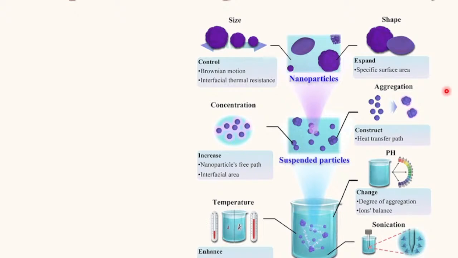Suspended means it's going to hang without any rope or tie or anything, but it's going to hang with the help of steric effects created by the surfactants, or by some other means. You will be able to make sure that the particles are not going to get attracted towards each other.